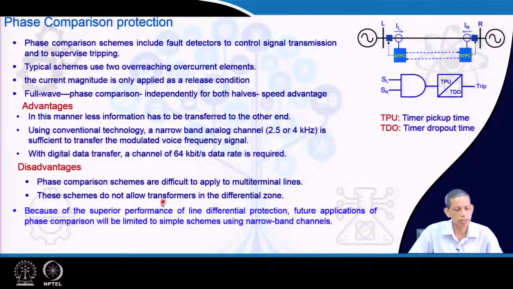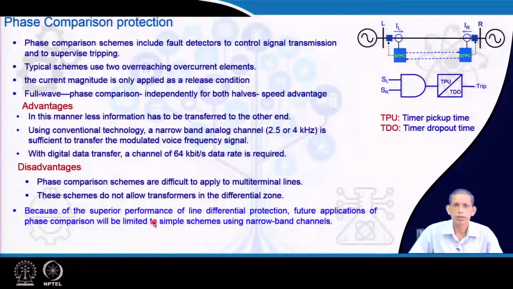So, those are some of the disadvantages of this perspective, and because of the superior performance of the percentage bias differential relay, which we have already discussed for feeder protection, the application of phase comparison protection is limited today.